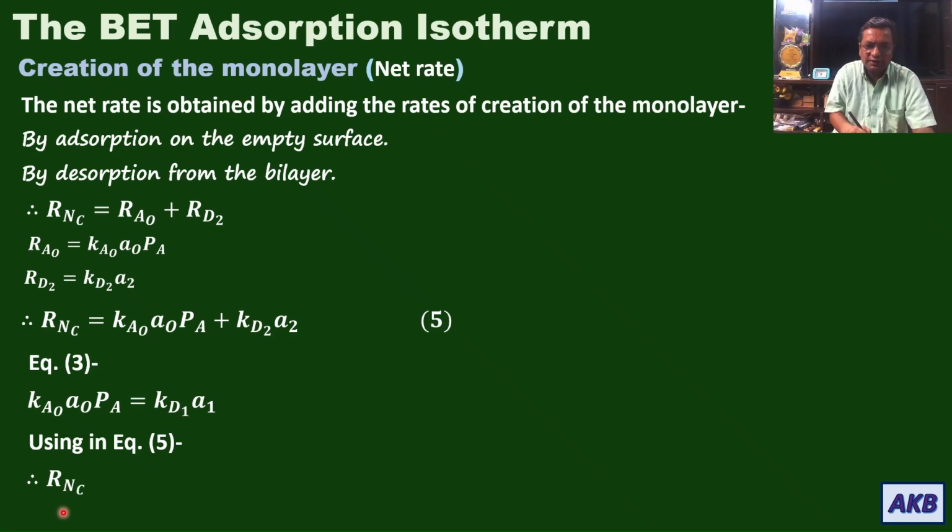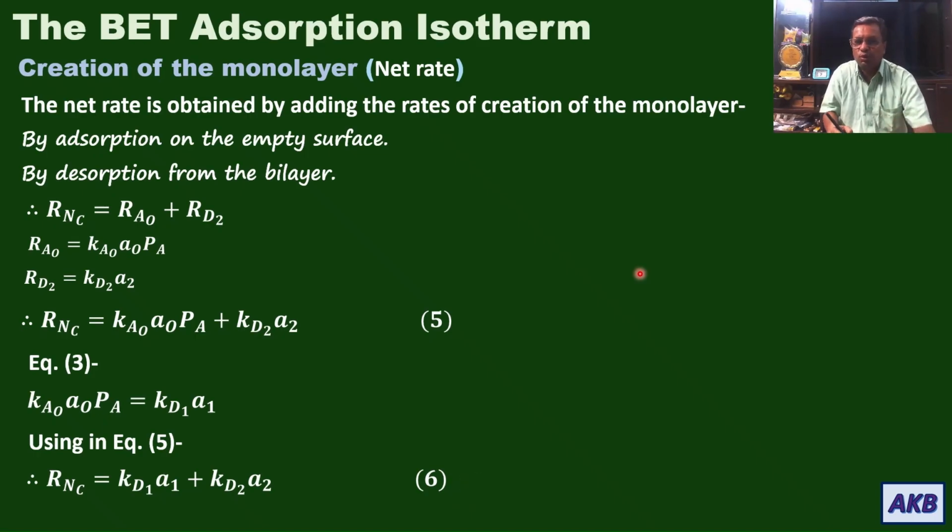So RNC, the net rate of monolayer creation, is equal to KD1 into A1 plus KD2 into A2, and I am calling it equation number 6. So equation 6 gives us the net rate of creation of monolayer on the surface of the adsorbent. So that ends our discussion of the creation of the monolayer.